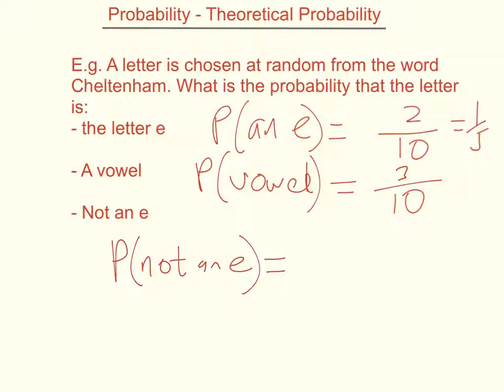There's a 1/5 probability of getting an E, and not an E is the opposite. So that's going to be 4/5. So here's an interesting fact about probability. The probability of getting something and not getting something, those 2 things have to add up to 1. 4/5 and 1/5 make 5/5, which is 1.